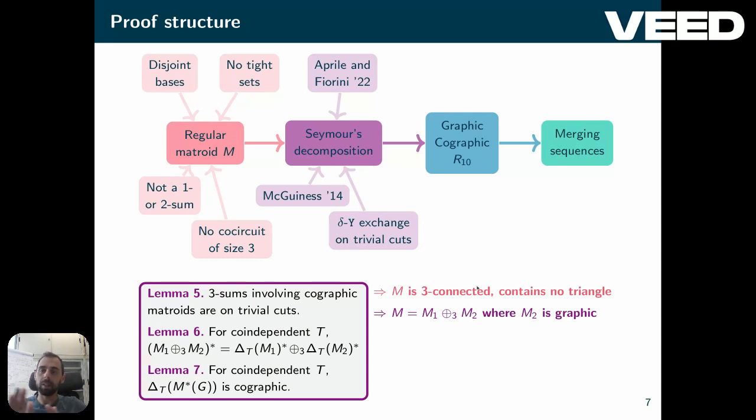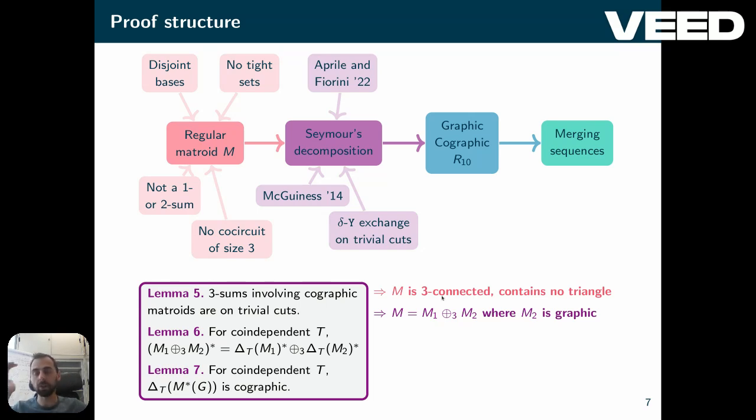So we arrive at the conclusion that we can assume that the matroid can be written as the 3 sum of a regular matroid, which is smaller than the original matroid, and a graphic matroid, which we denote by M2.